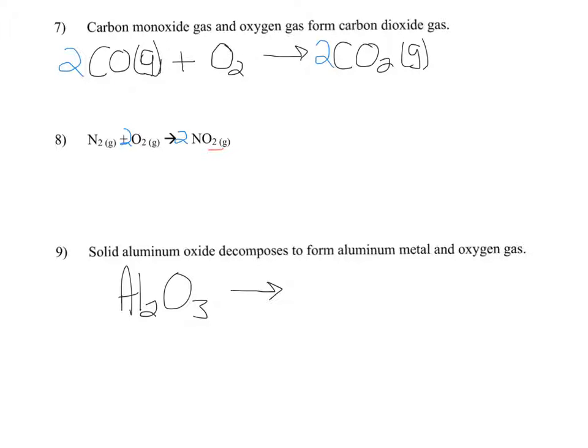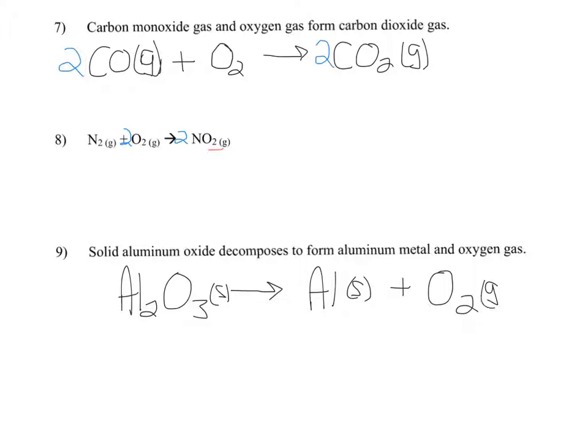If anything at all, it doesn't happen whatsoever. But nevertheless, for the sake of balancing and practice, we will continue. This usually would require quite a bit of electricity to actually happen here.